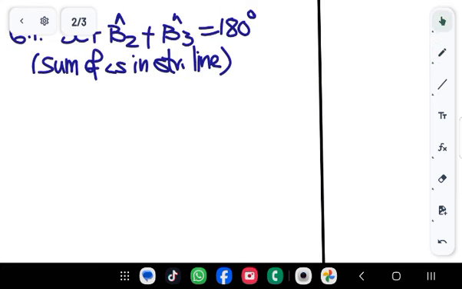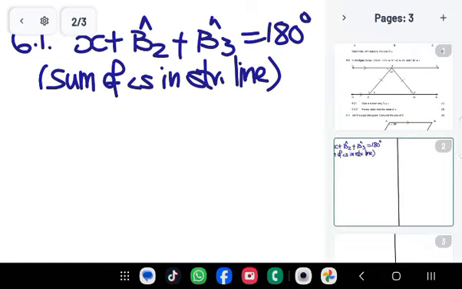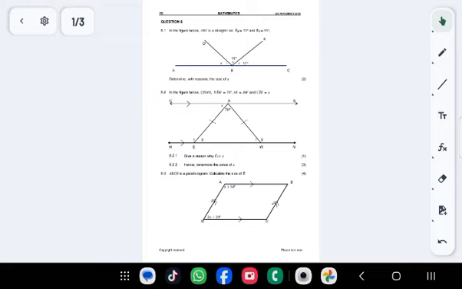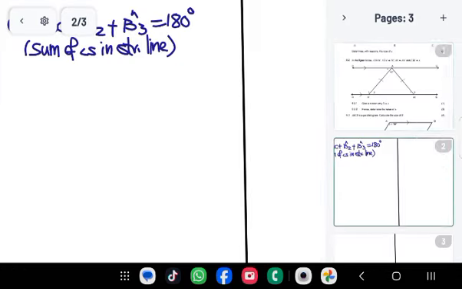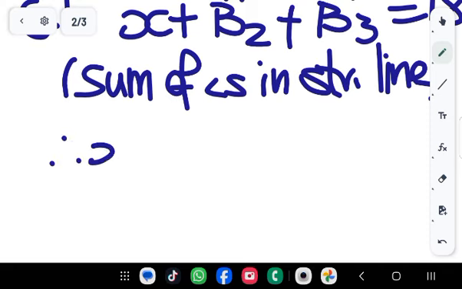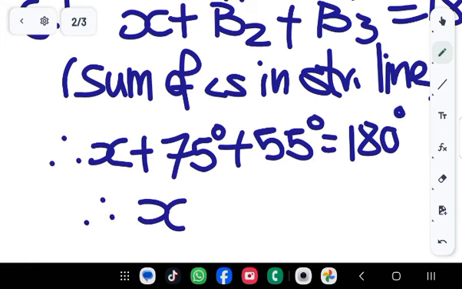Now we know that angle B2 and angle B3 add up to 75 plus 55. Therefore, x plus 75 degrees plus 55 degrees equals 180 degrees. All you do now is solve for x.